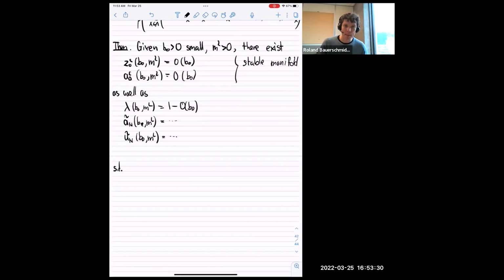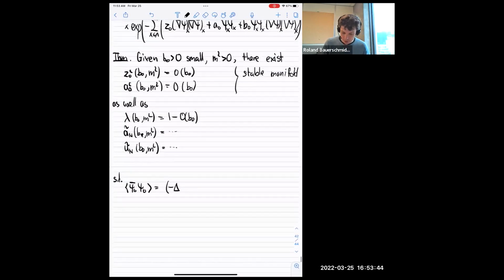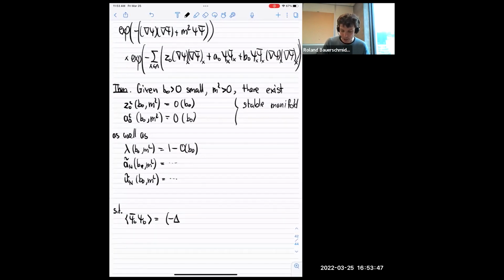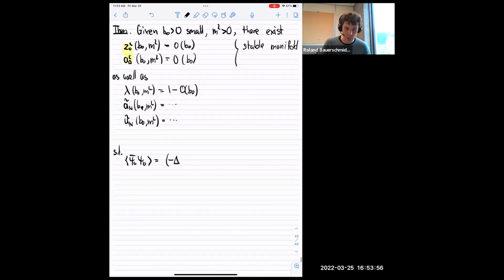So for example, the 2-point function on the diagonal, if the Z naught and the A naught are chosen to be these critical values, well, then the 2-point function on the diagonal is given by a free field 2-point function on the diagonal with the same mass m, so that's good. That's the first term.